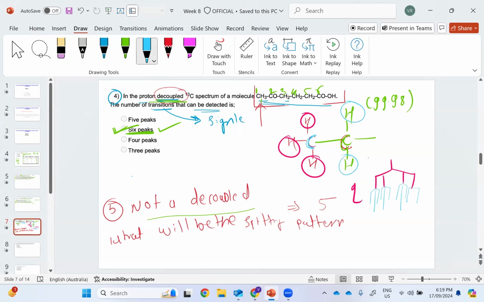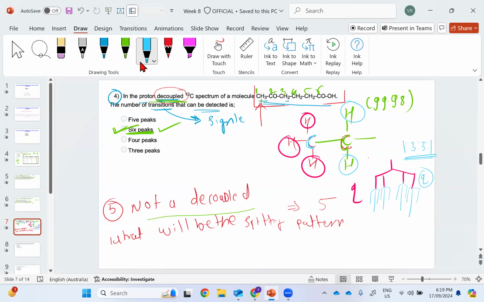You also have to keep in mind, I have written this quartet. Is this quartet correct or incorrect? This quartet is incorrect because according to Pascal's triangle, the intensity I have written here is incorrect. The intensity of this quartet should be 1:3:3:1, right? I made a mistake while drawing this intensity, but you should keep in mind this quartet should have the intensity in this order: 1:3:3:1.